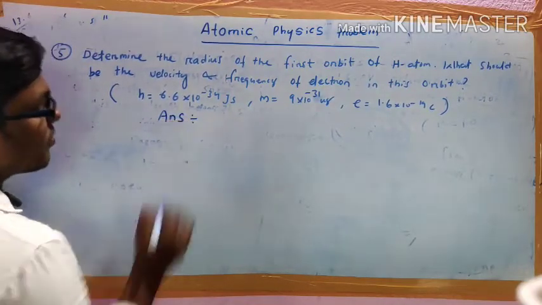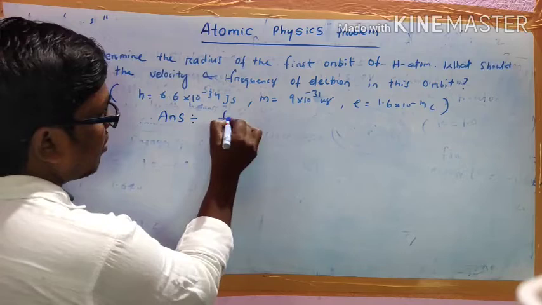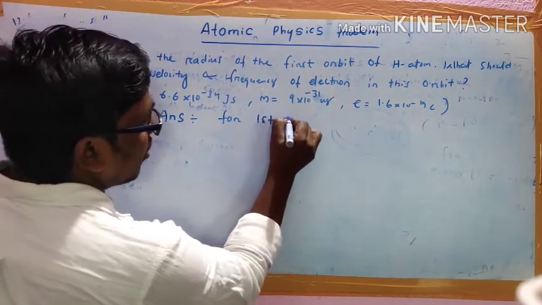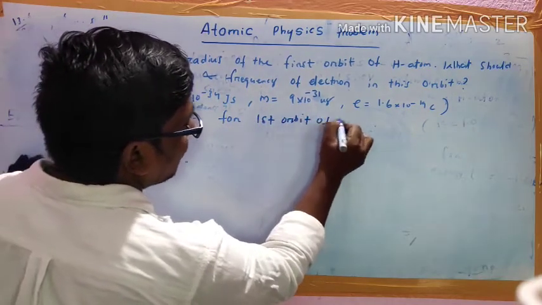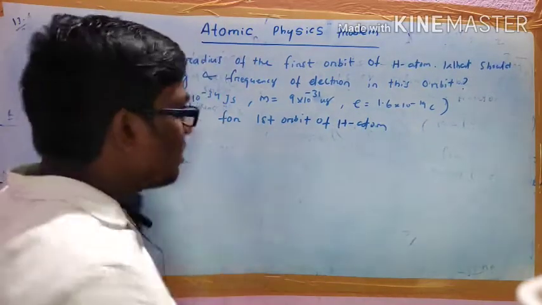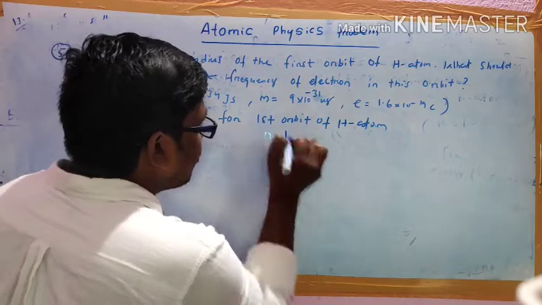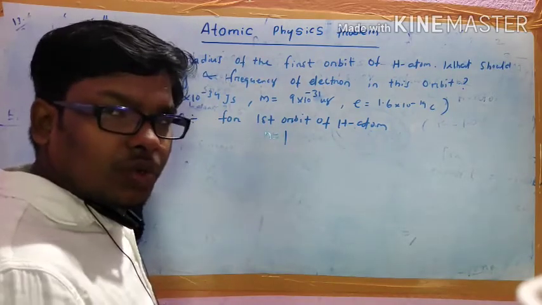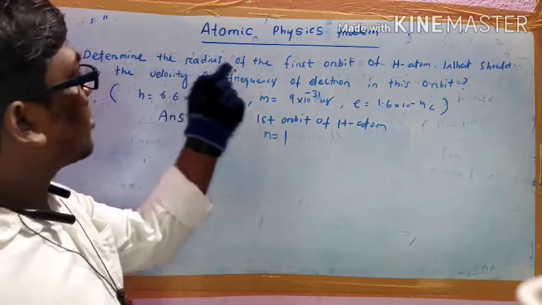Answer: for the first orbit of the hydrogen atom, n is equal to 1. Then it is asking about radius.